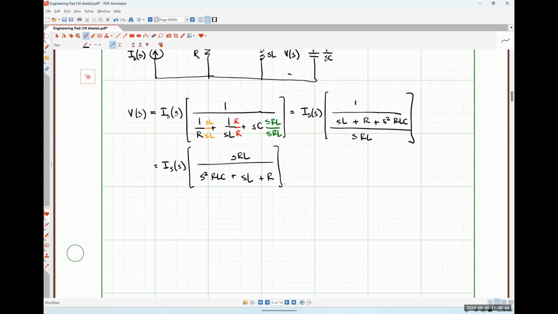Can anybody tell me what that is? For all of our partial fraction expansion stuff that we did, the coefficient on our highest order term in our denominator was always 1. It is no longer 1 right here. So what will we do to get rid of that? Yeah, so divide both the numerator and the denominator by a factor of RLC.